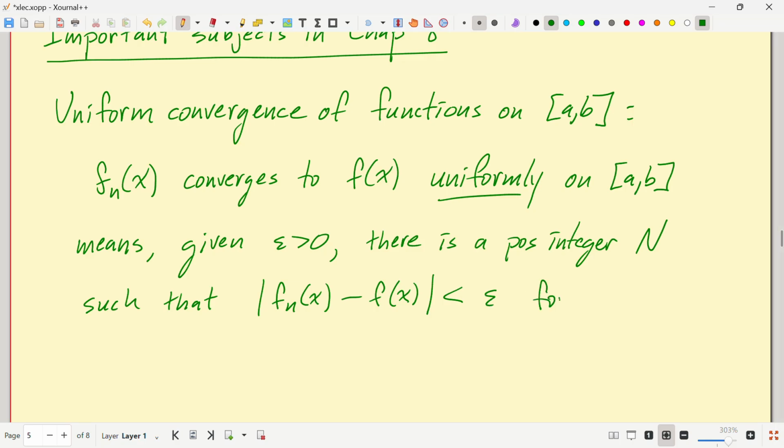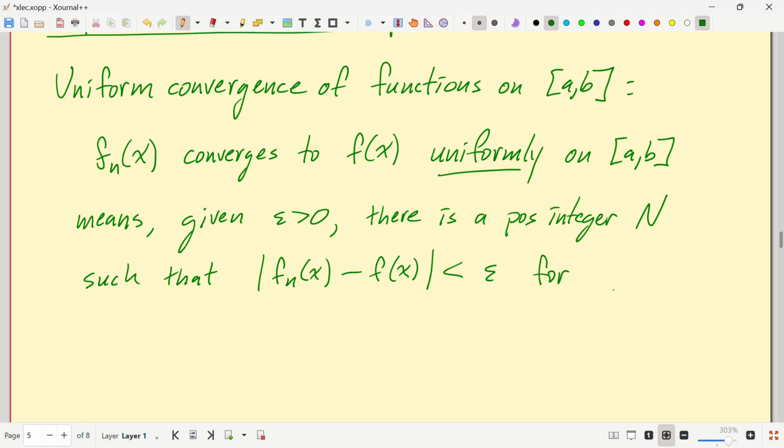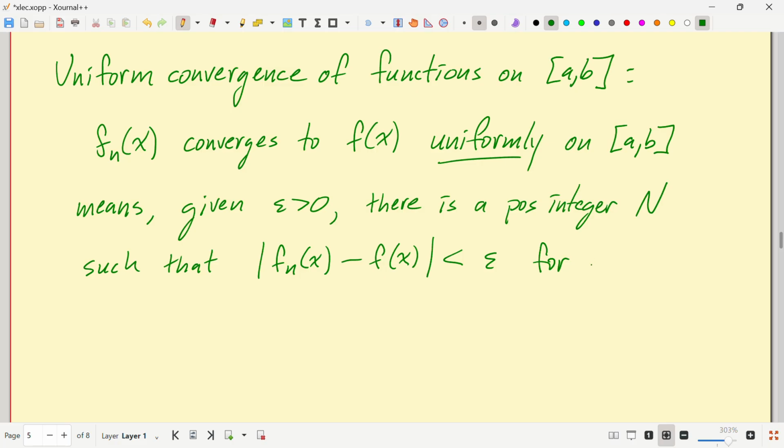And so here's the uniform part: you get this estimate for all x in AB when n is bigger than capital N. So the word uniform means one N works for all the x's in the whole interval. That's an important concept of convergence.